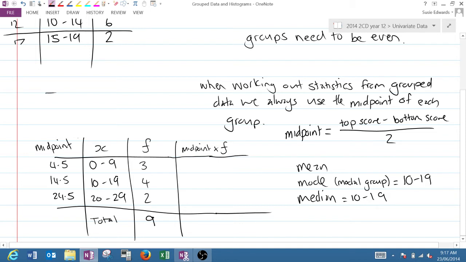So, 3 times 4.5. Now I don't have my calculator on me, so you guys might need to work some of these out. I think it's 13.5, should be quite easy. 4 times 14.5.